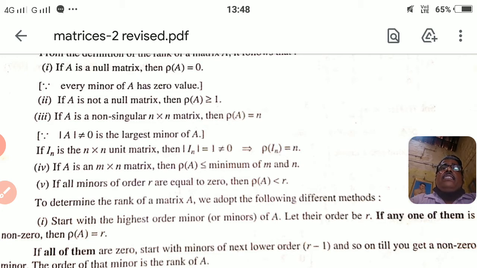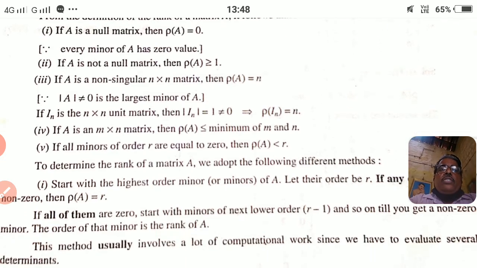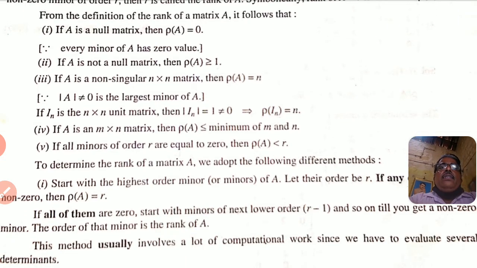If In is the n cross n unit matrix, then the determinant of In is equal to 1 and it is not equal to 0. So which means rank of In is equal to n, right? Because the determinant of a unit matrix is not equal to 0, you will get the value 1. So therefore rank of In is equal to n.